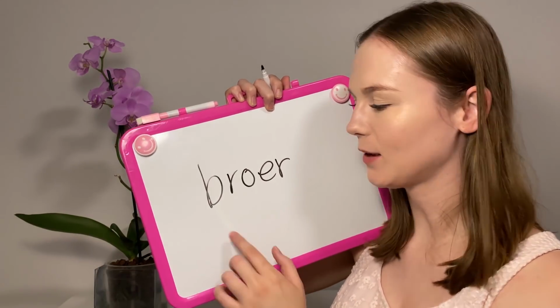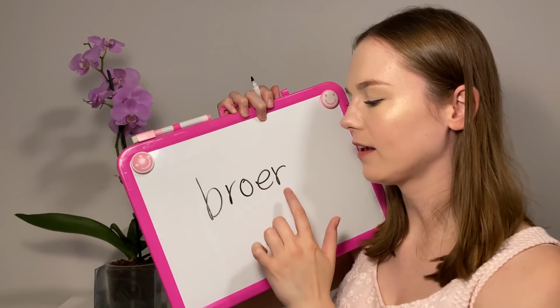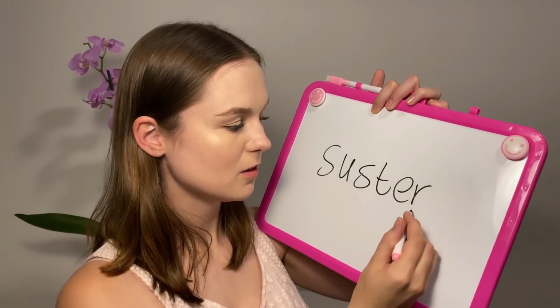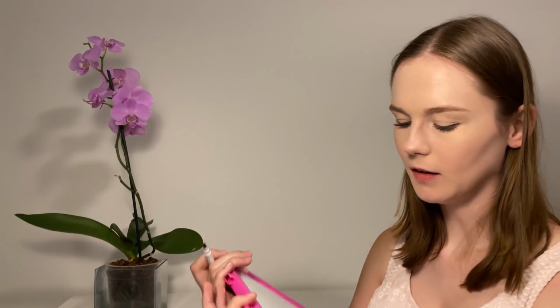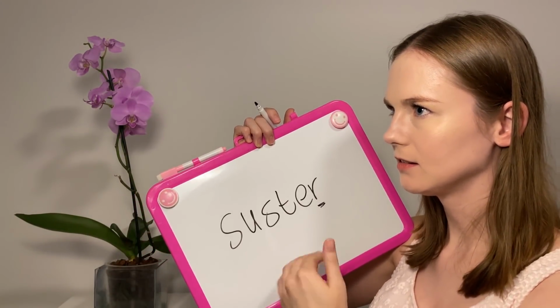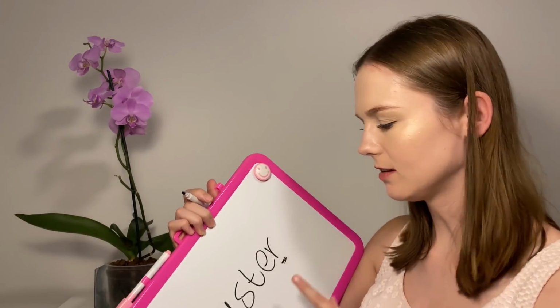It's not a nice one to say, broer. We have the roll there and the roll there. And then we have sister, which is very similar to the English. It is suster. So you've got the roll of the R, and instead of sister, it's suster. It's kind of a different emphasis. And then the R. But I'm sure you can hear sometimes I forget to roll the R properly because I'm doing English.